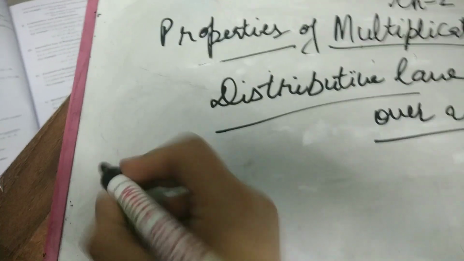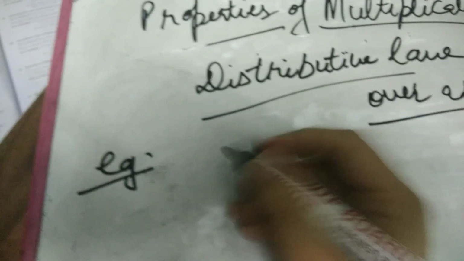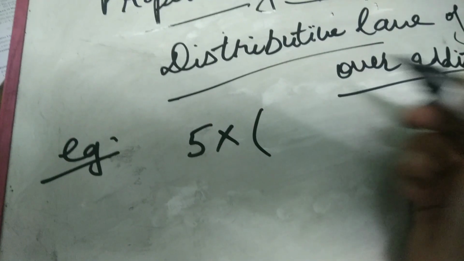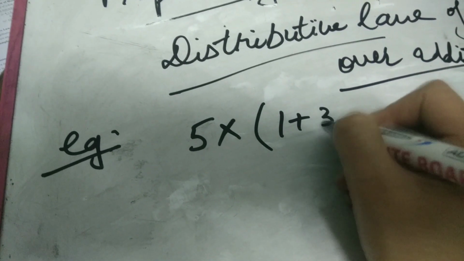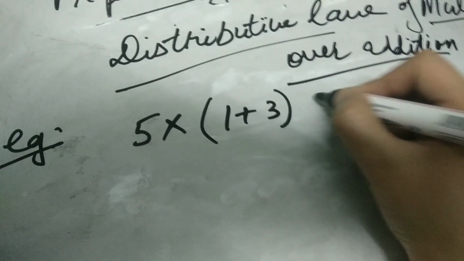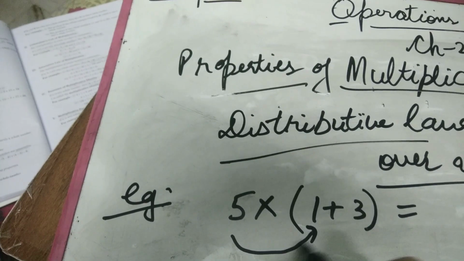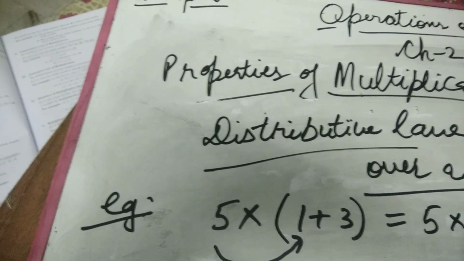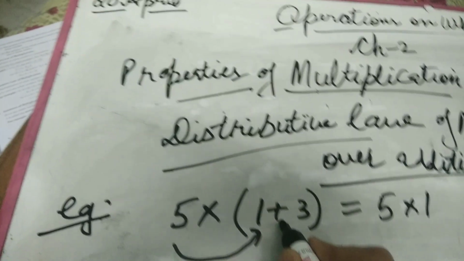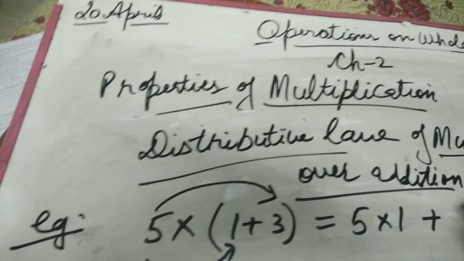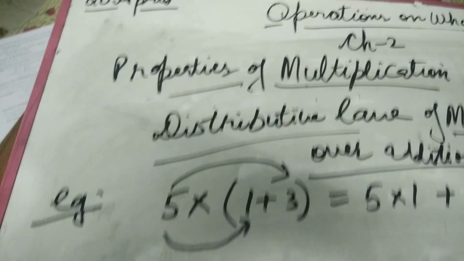So what it says, for example, I'll take an example. We say 5 into, very small numbers, I'm going to take 1 plus 3. So we say 5 you first multiply by 1, then plus 5 multiply 3.